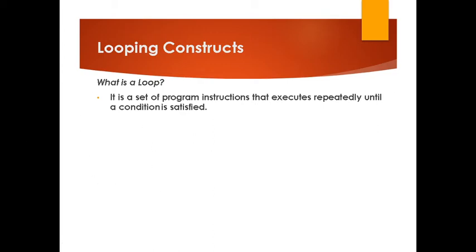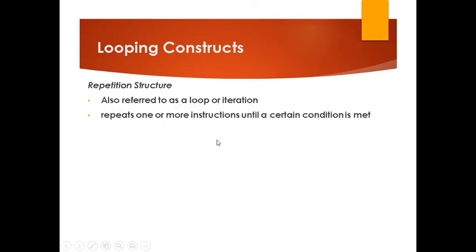If the execution keeps on repeating and never ends, that means its condition has not been satisfied, and that also means it is still an infinite loop. So how can we make sure that we will not experience that infinite loop? So we need to understand this one.